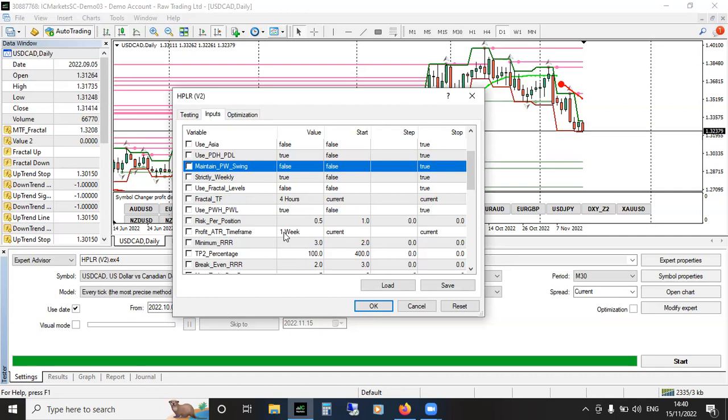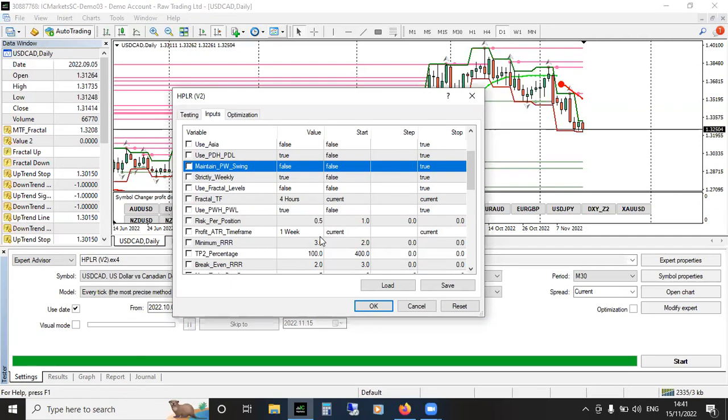If you're expecting the price to expand, say 70 pips, maybe which is one day's range on USD CAD, you can choose that what I want to be using is one day. And when you calculate your stop loss, it's going to divide the ATR number by that stop loss.